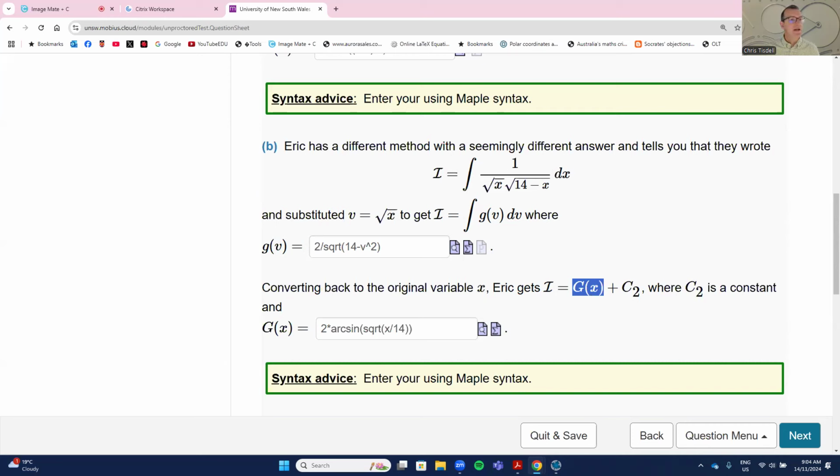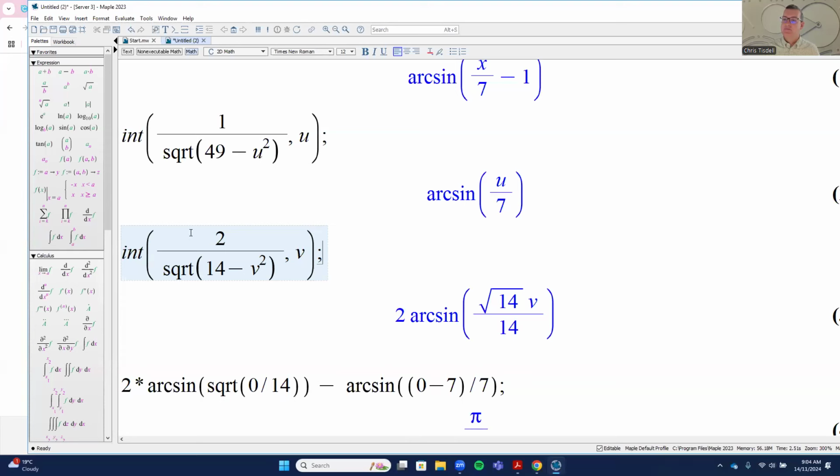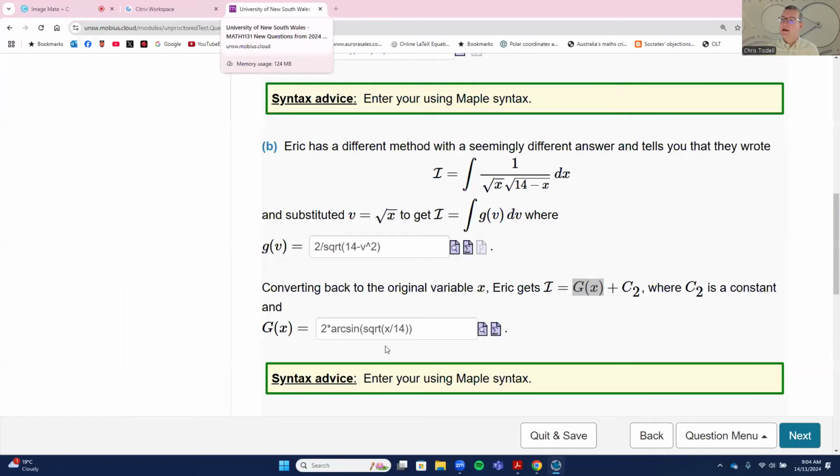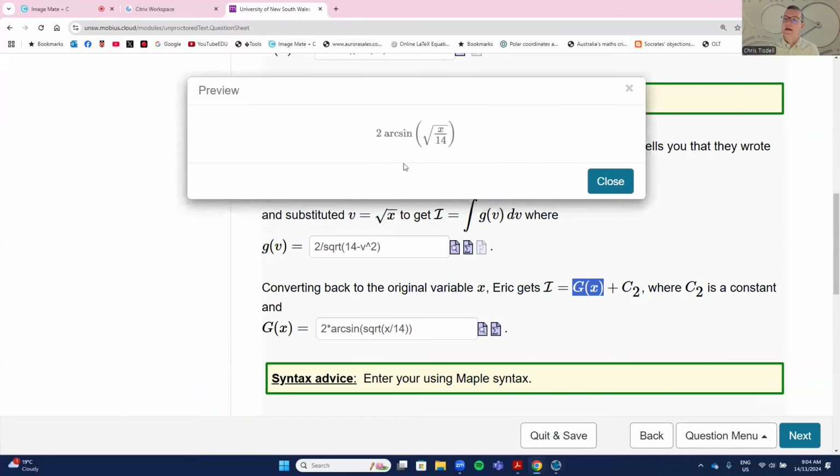What I've done here, let me pull over my Maple. I've just put the integral in here, and I get that. And of course, v equals root x, so you can simplify this a little bit. That's what we're going to get there.